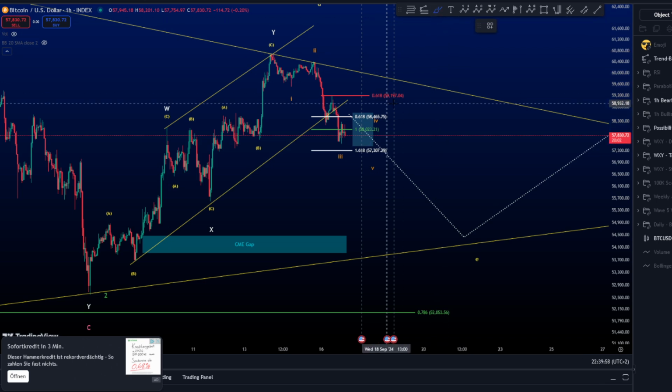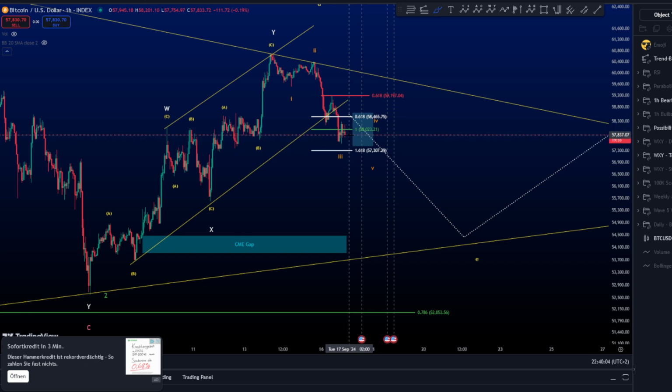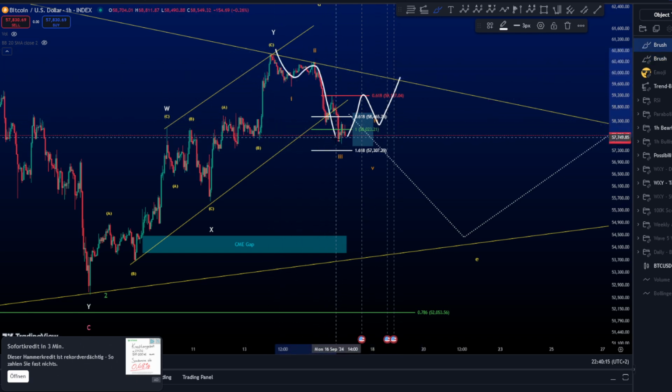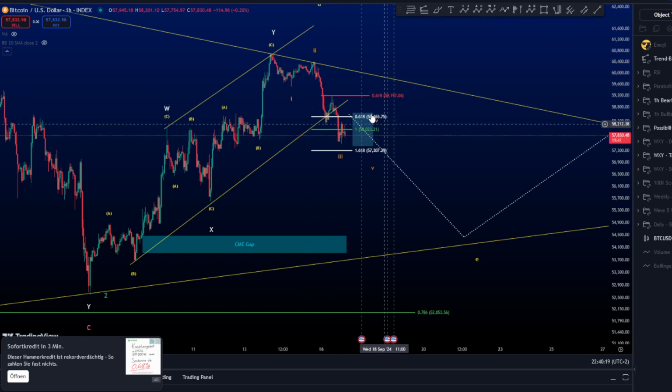Your 0.618 invalidation now is even lower, a little bit, at almost 59,200. So in case we reverse and hit this fib level, then okay, we might see an invalidation of this impulse and it might transform to A, B, and a C. But this is a very low possibility now, looking at the strength of this impulse towards the downside.